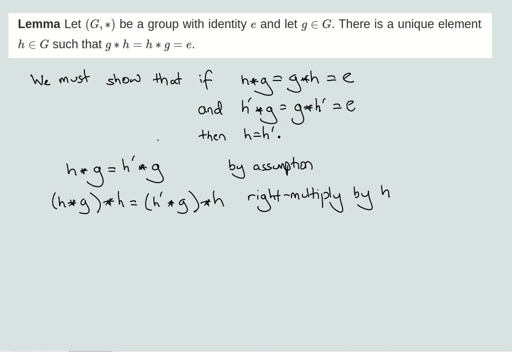Okay, what can we say next? We have an axiom which says that the binary operation star is associative, and associativity lets us re-bracket these expressions how we like. So we're now going to use associativity, and what we get out of associativity is that this is equal to h star (g star h), and on the right it's equal to h prime star (g star h). So this is by associativity.